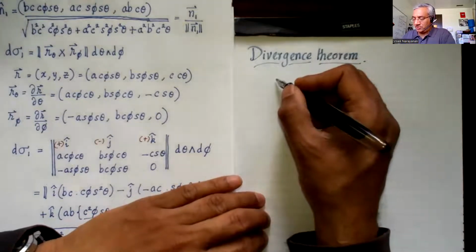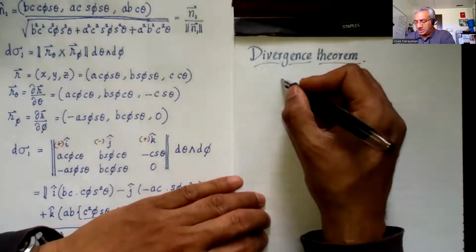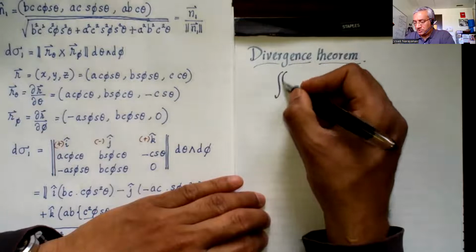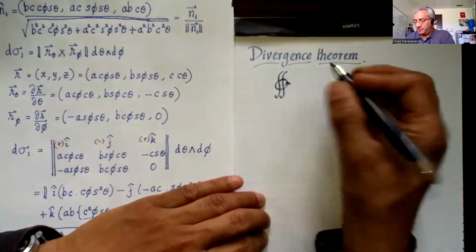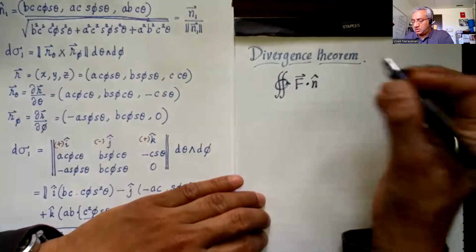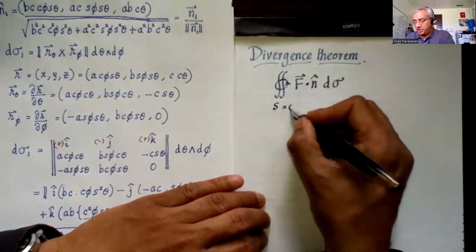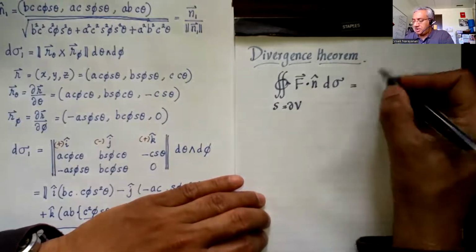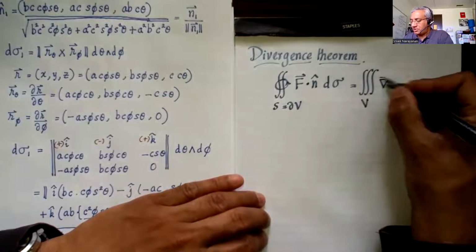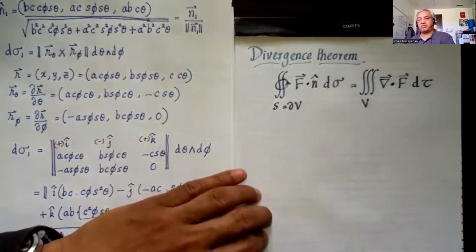The divergence theorem says if you have a vector field that's reasonably smooth, defined everywhere in space, then the flux, which is the integral of the vector field f dot n d sigma over the surface S, which is the boundary of a volume V, is the same as the triple integral over the volume V of the divergence of f times the volume element d tau.